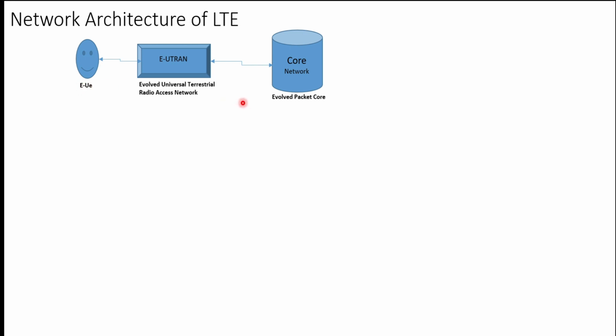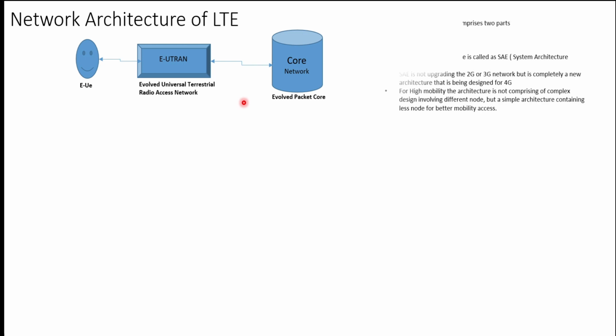Now let's look at the importance of EUTRAN and the core network. The packet switch is mainly comprised of two parts: one is the radio network and the other is the core network. The evolved network, which is the LTE architecture, is comprised of the SAE architecture.